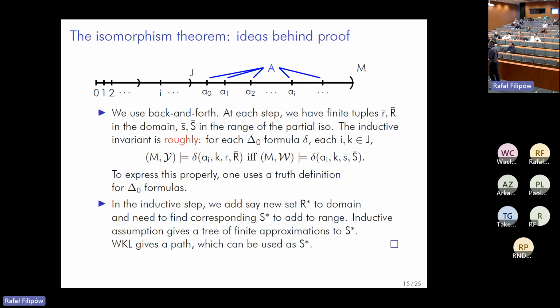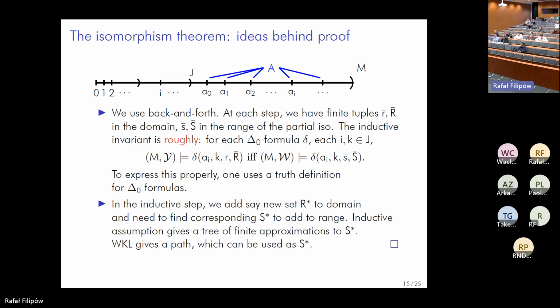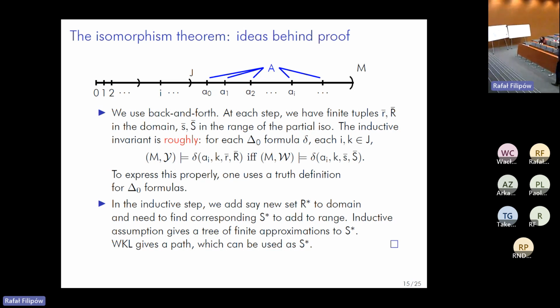So let's say you want to add a new set to the domain of the partial isomorphism. That's a new set in Y, and you want to find, let's call it, S star. You want to find a corresponding set in W, and the inductive assumption tells you that there are arbitrarily large finite approximations to what you want.